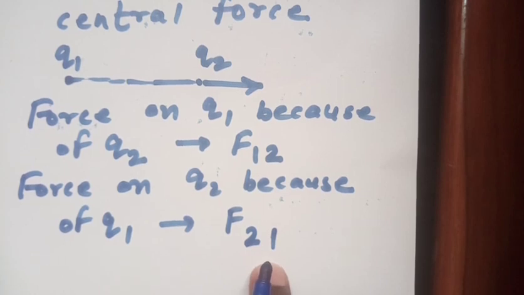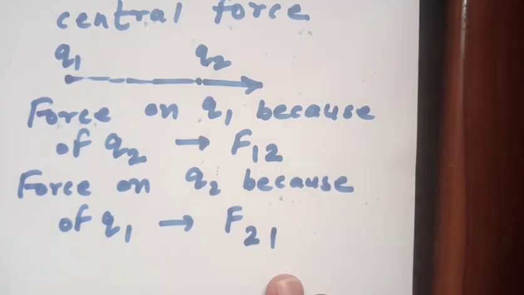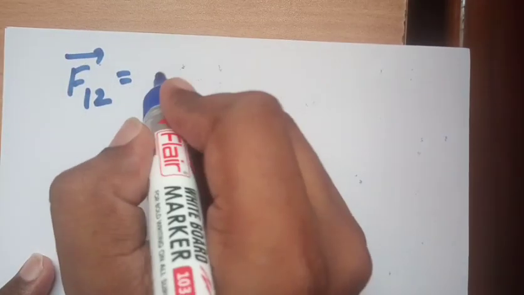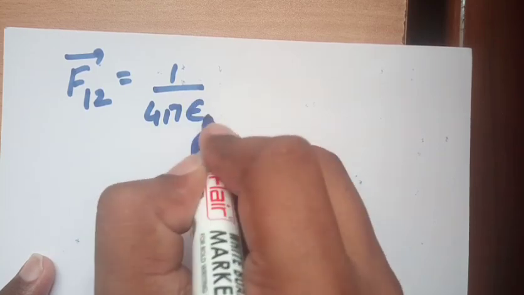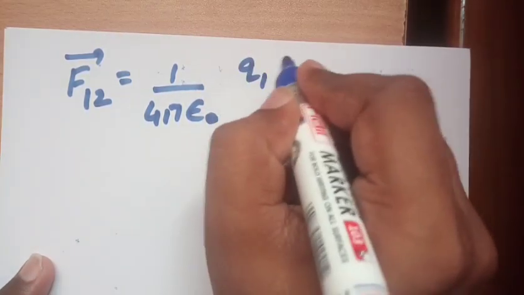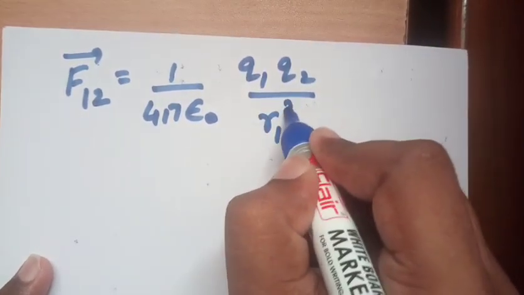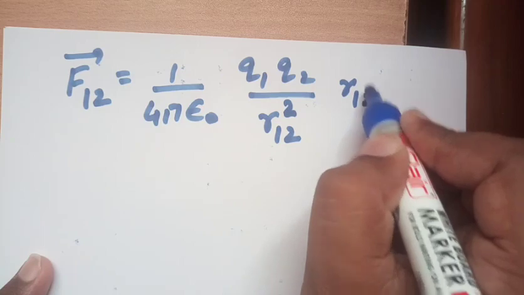Okay. So suppose you are finding out force on first particle because of the second, you will write F12. And then the force formula will have the form F12 vector is equal to 1 upon 4 pi epsilon naught Q1 Q2 upon r12 square, and here r12 cap.